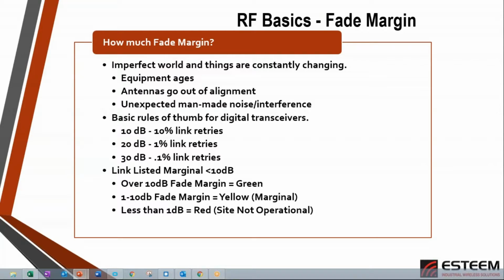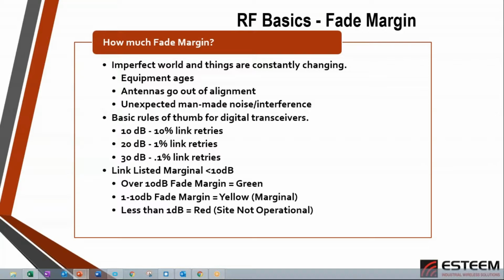As we increase this fade margin, the percentages start dropping dramatically. If we give ourselves 20 dB of fade margin, we can expect a 1% link retry. If we give ourselves 30 dB, it drops all the way to 0.1% retry.